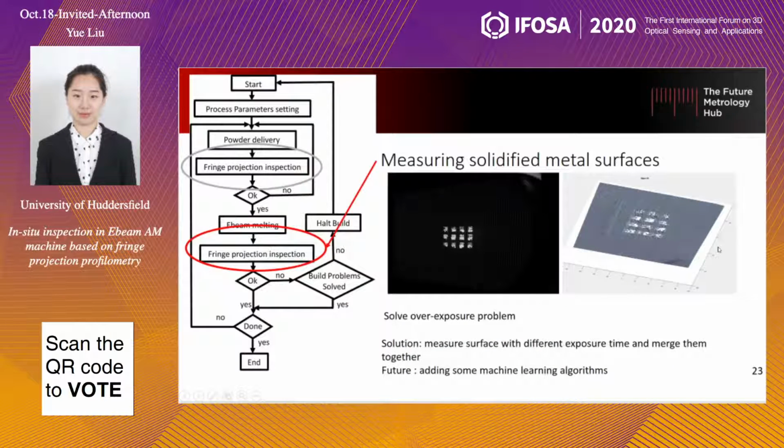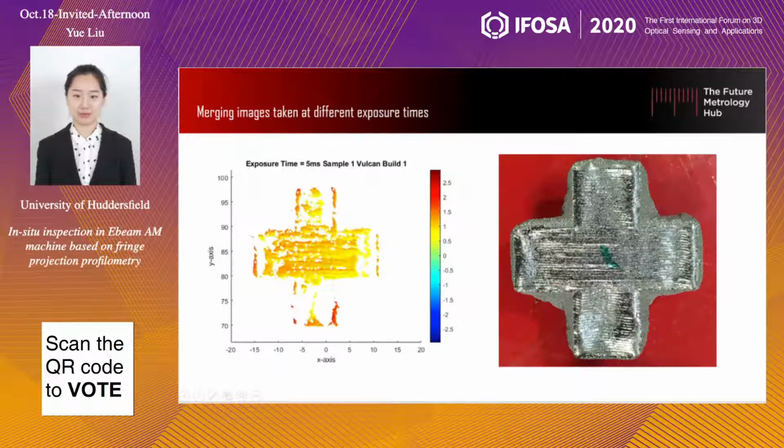Next, after the electron beam melting, the surface will become shiny. If we use the same parameters to take images of the powder bed and finished parts, we will have an overexposure problem and lose some data. So we need to solve this problem.